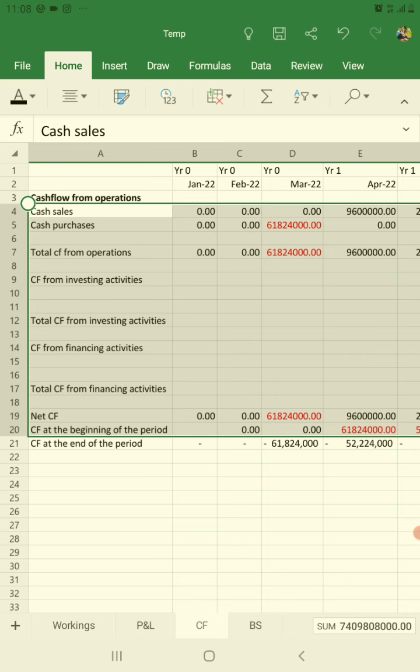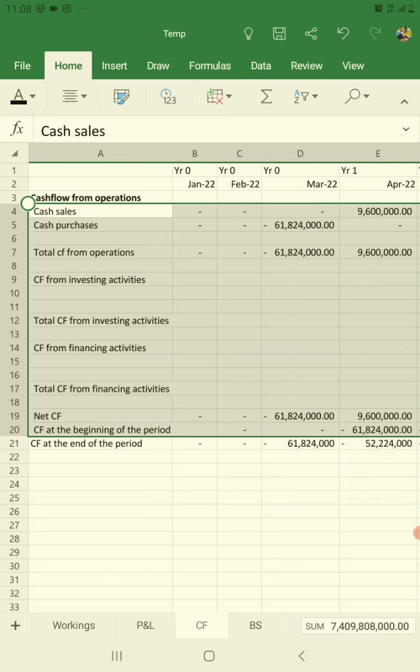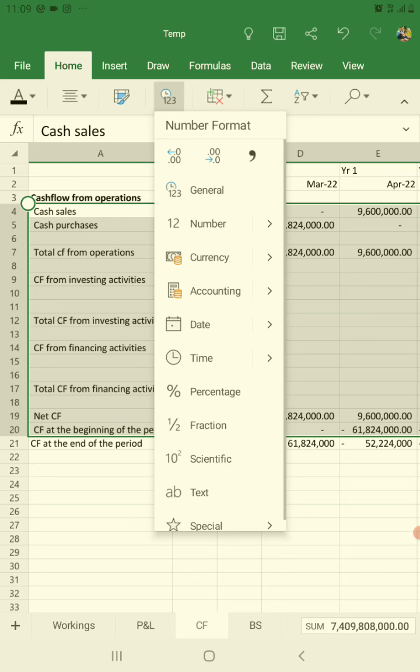But I also need comma separator, and I need to remove two decimal places, so I click on this one twice to remove the decimal places.